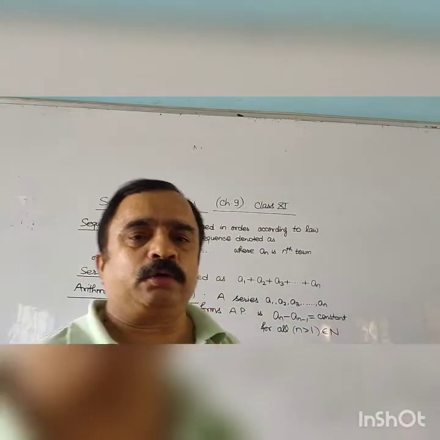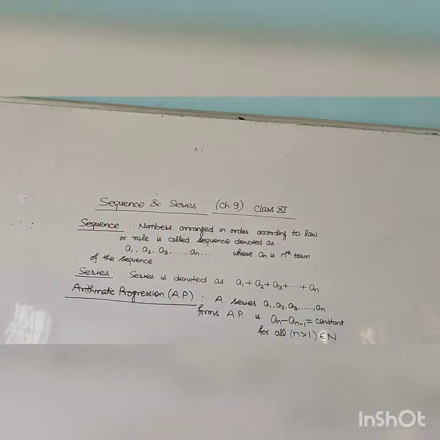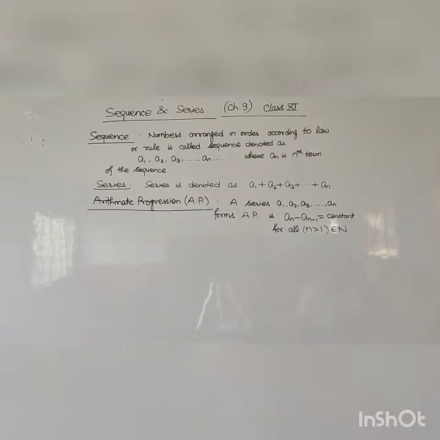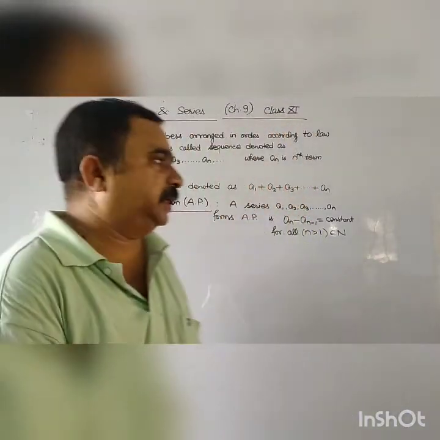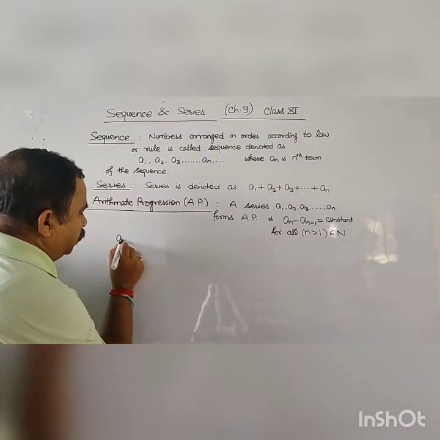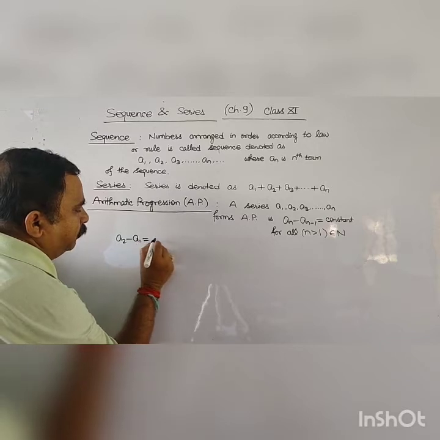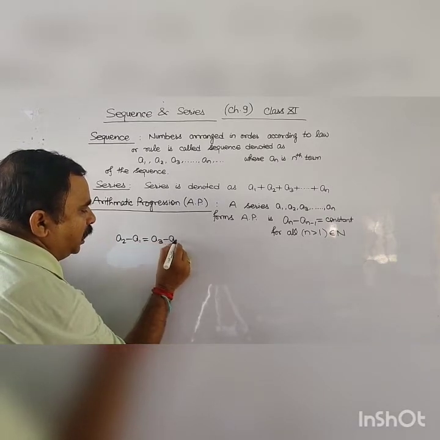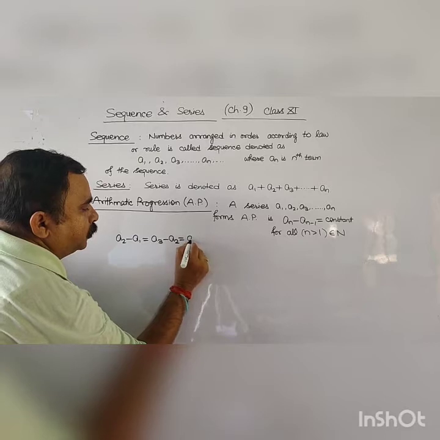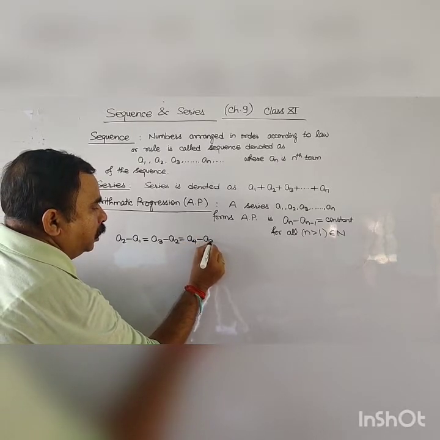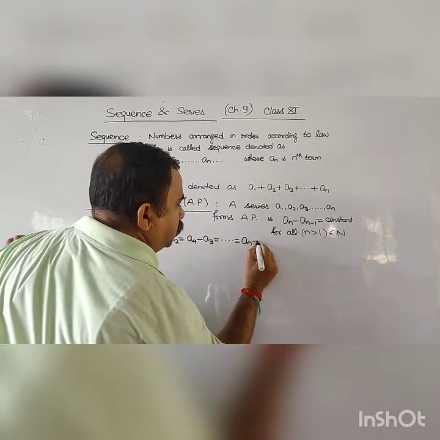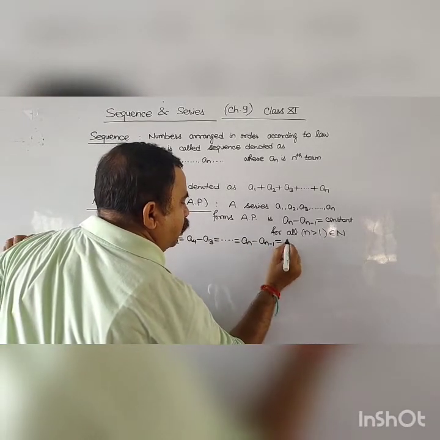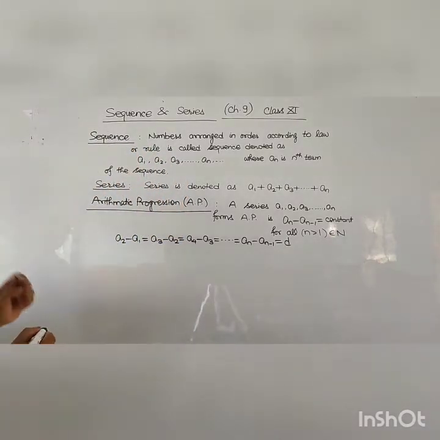So A2 minus A1, A3 minus A2, A4 minus A3, all are equal and equal to small d, which is common difference.